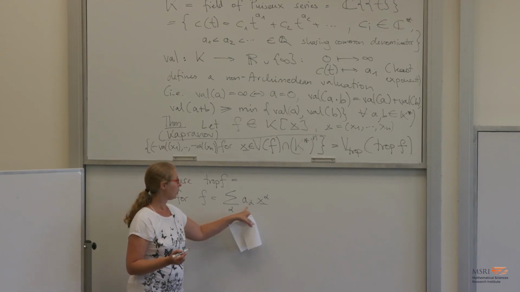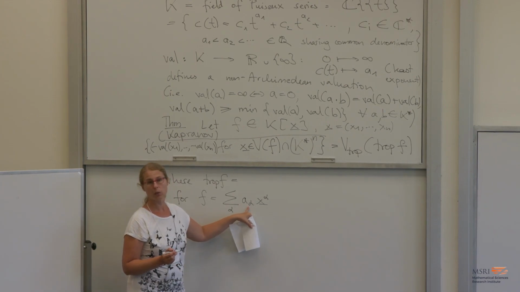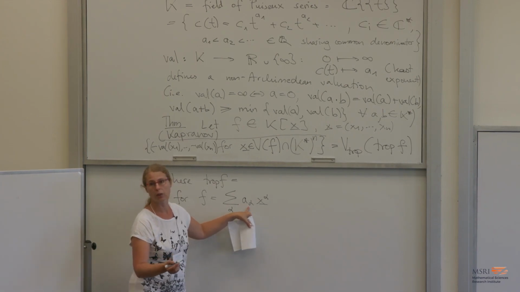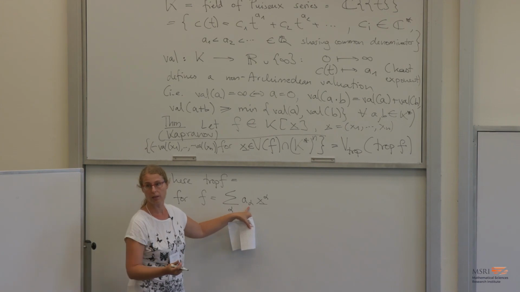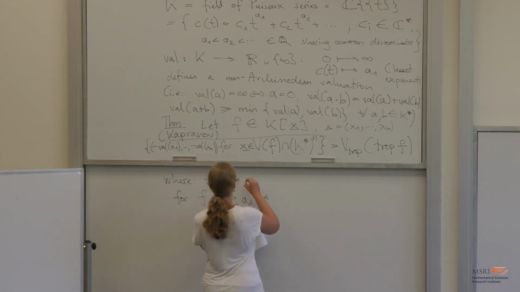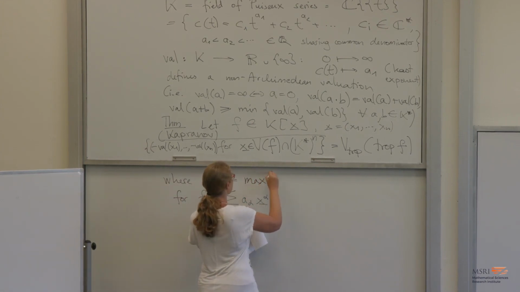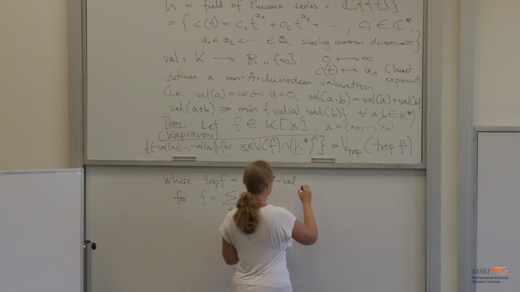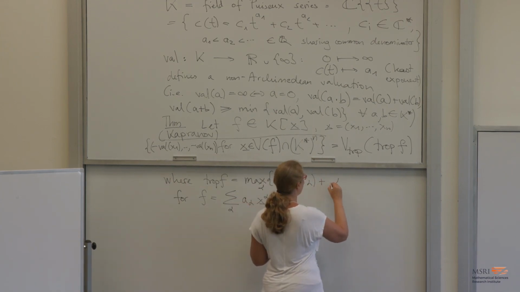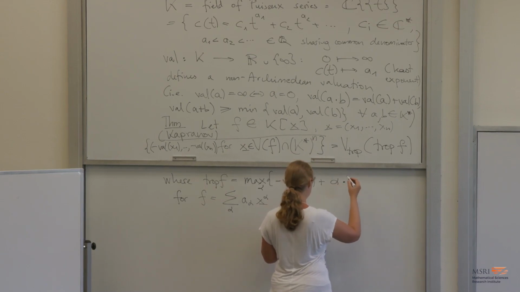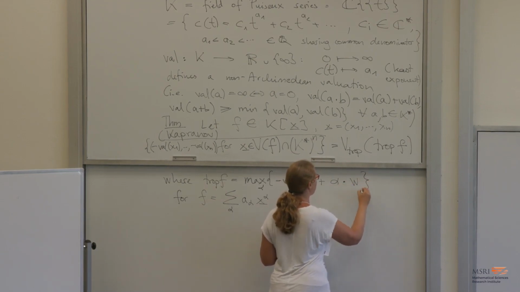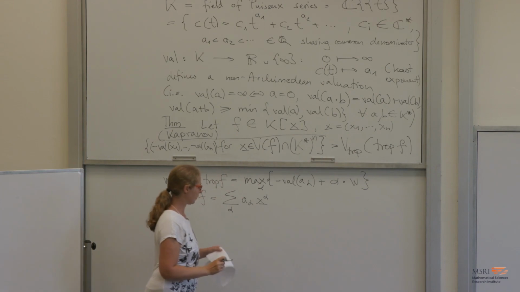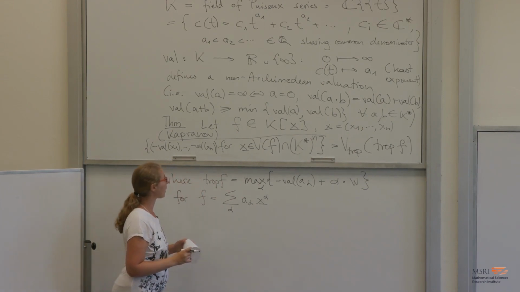And then we don't quite like the Puiseux series, so we do minus val to it. Then we are in our tropical semifield. So trop f is going to be the maximum over all alpha of minus val a_alpha plus alpha times w. Let me use w as the variable in the tropical world for the moment.